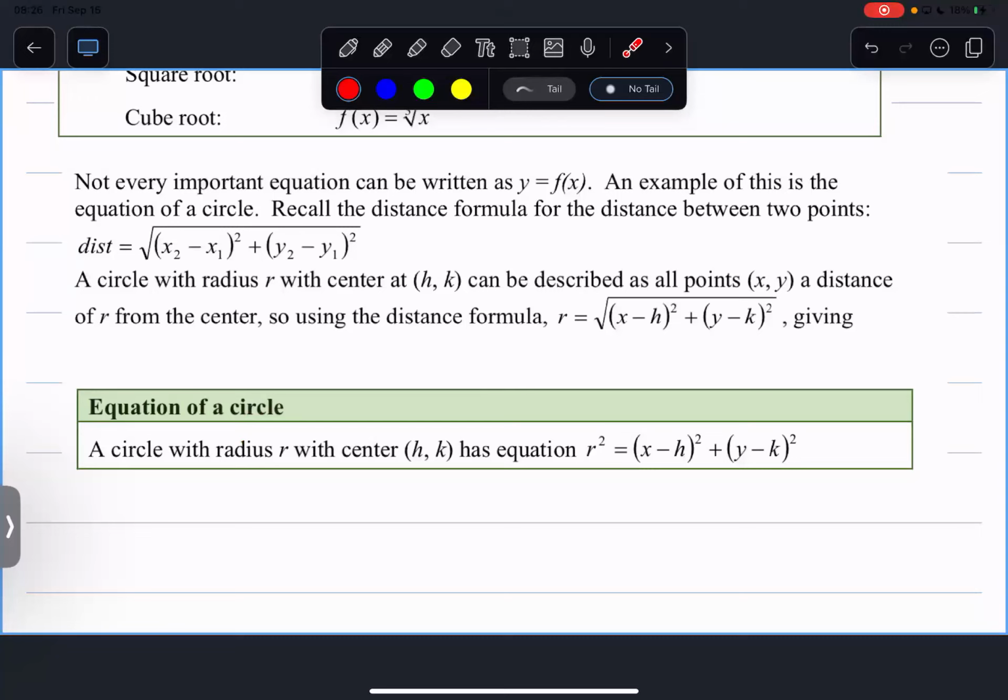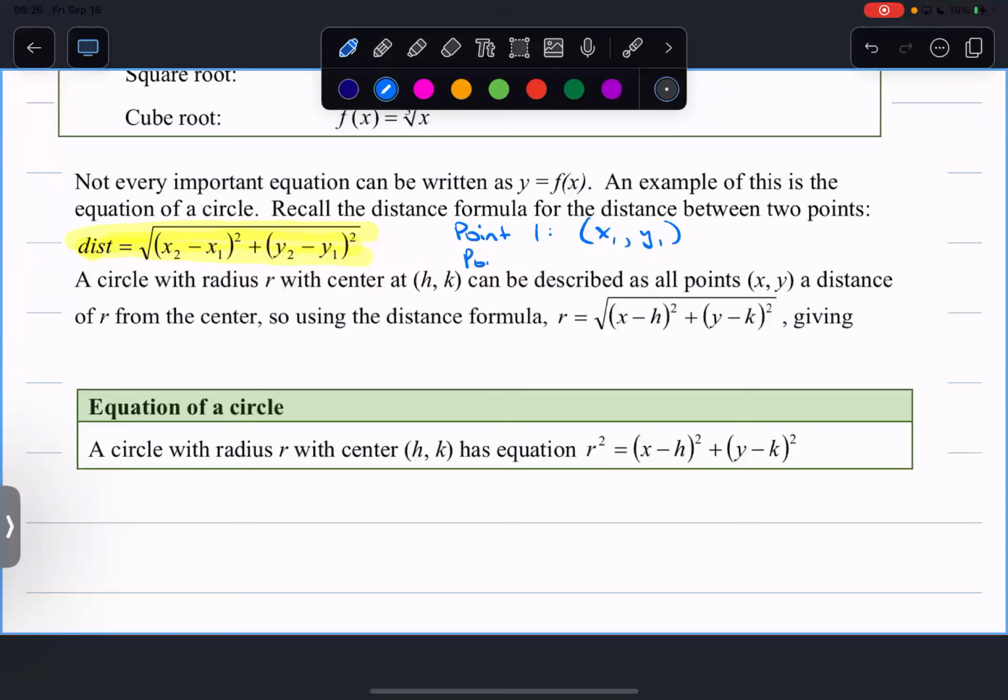So if we have the distance between 2 points here, the first point number 1 is going to be x1, y1. So any generic xy point on a grid.